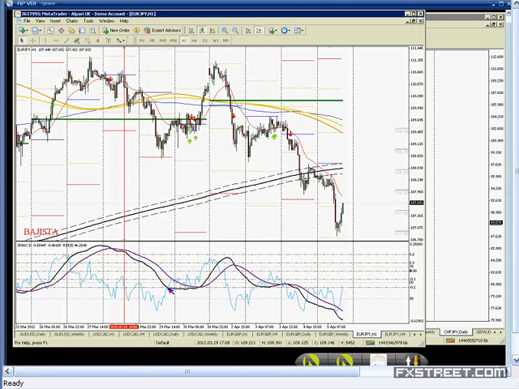The moment the momentum starts to shrink, that may mean two things: either we start a sideways move, or we revert direction totally. That is something that you don't know.